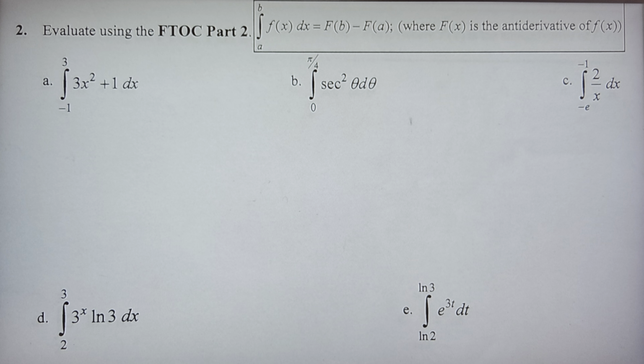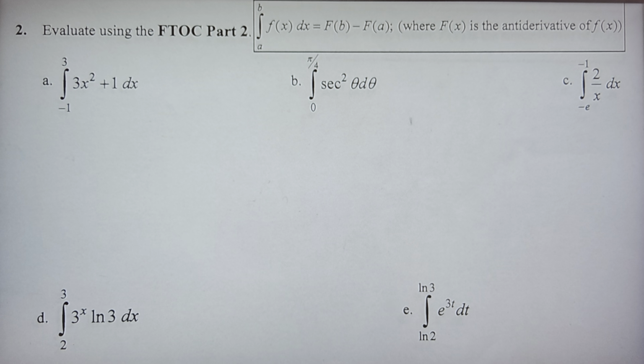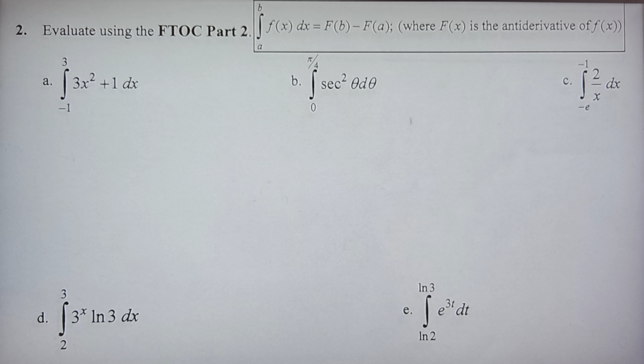Replace theta with pi over 4, which would be tangent of pi over 4. Tangent of pi over 4 is 1. So just one half. Just one half as the final answer. Tangent of 0 minus... What's tangent of 0? 0.